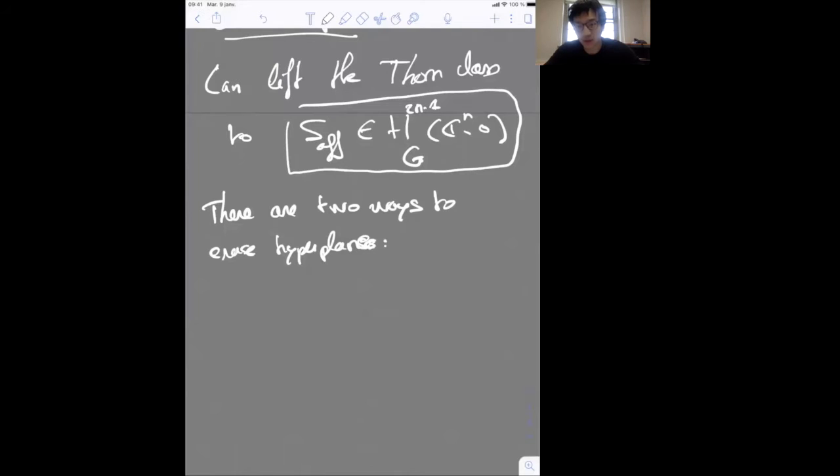But I'm just saying that this comes by pullback from the version where G is not discrete, or where GLn is given the usual topology. Can you say it again? I'm saying you can make an analogous construction when GLn is given the usual topology, and this is the pullback of that one. Yes, I will explain this later. Thank you.